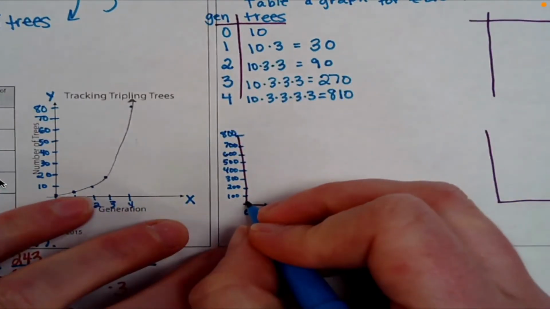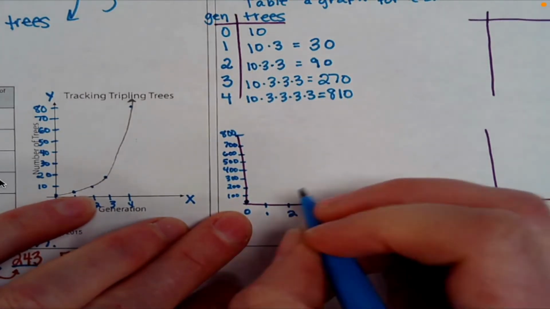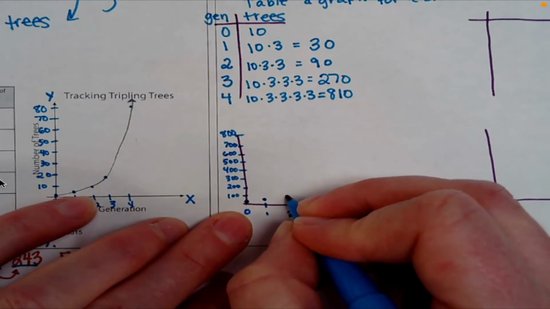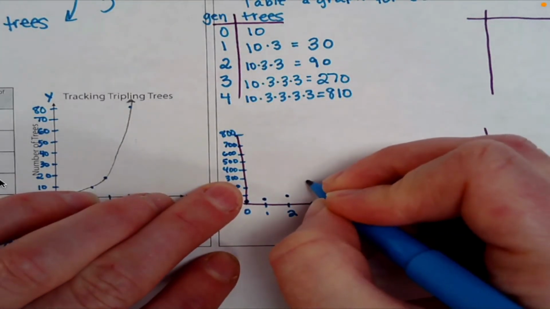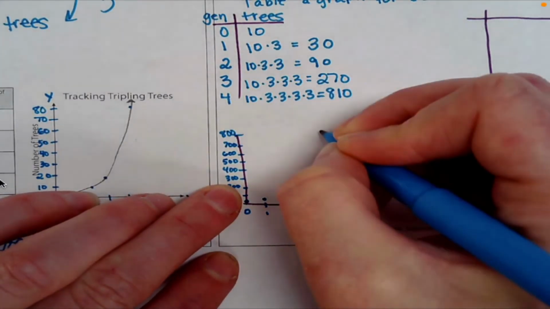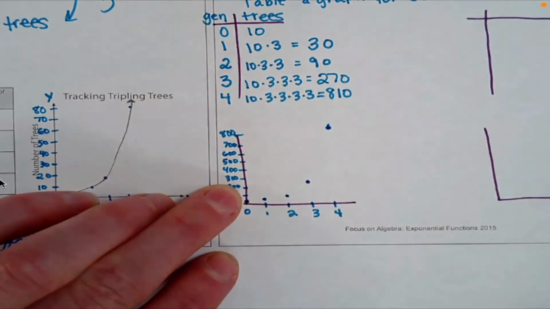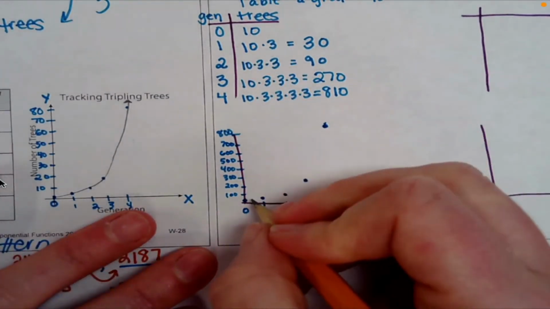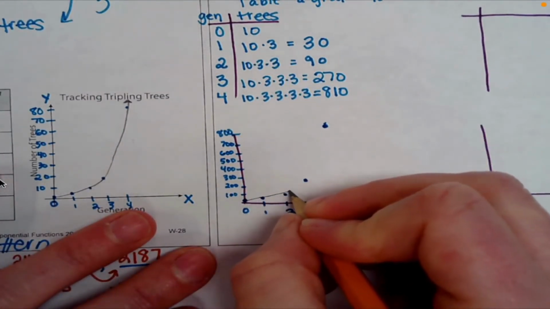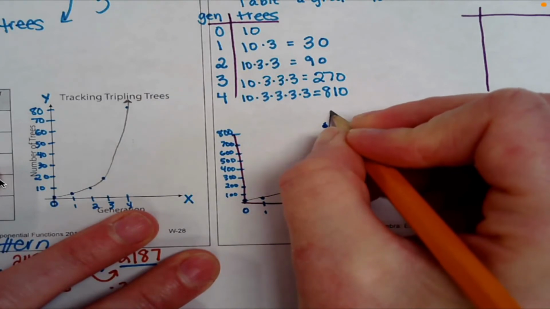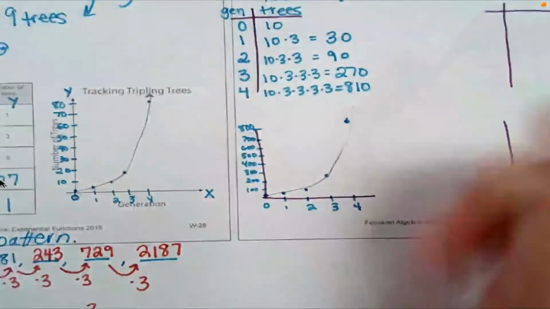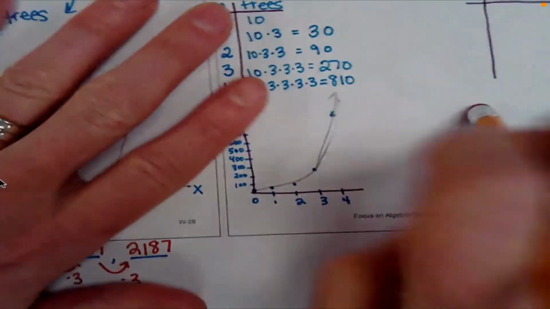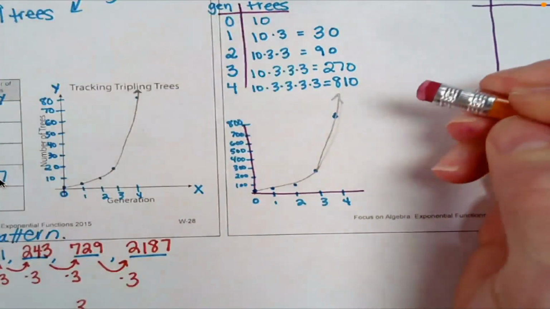So we start out with 10, so it's going to be down there. And then 30, then 90, then 270, and then 810, something like that. I like to do the curve with a pencil, just in case I mess up like I did right there. And there we go. Something like that.